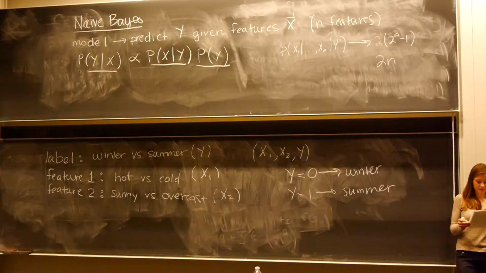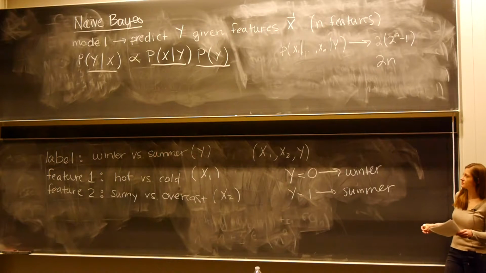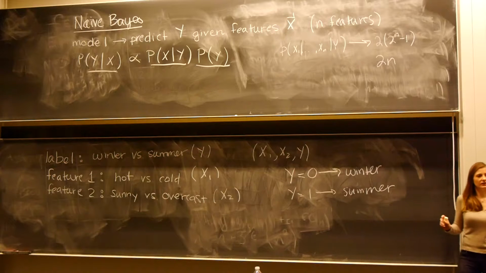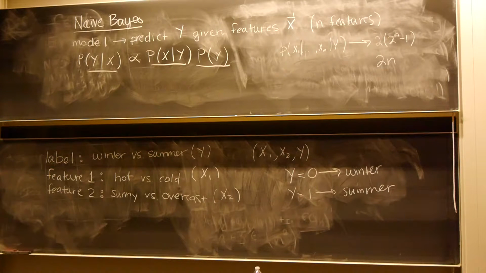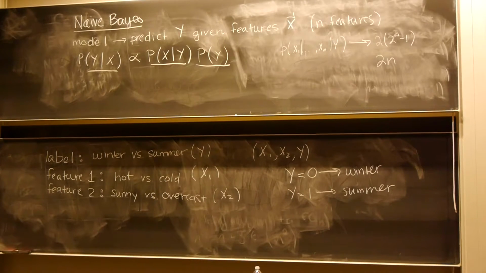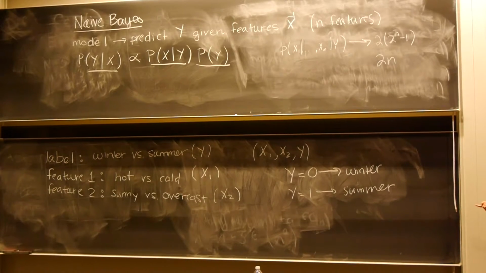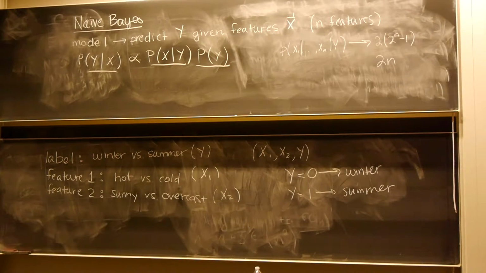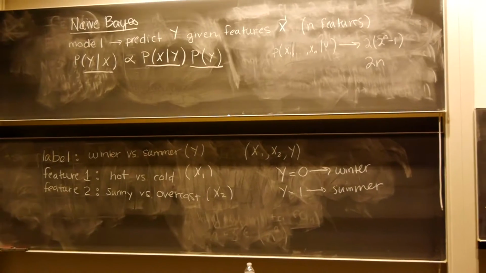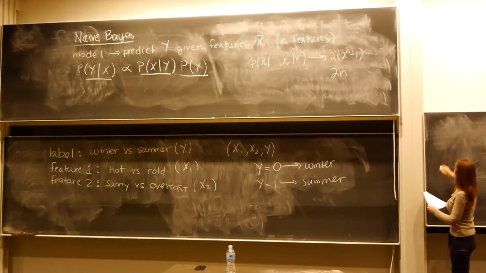Okay, so now let's talk more mathematically about naive Bayes. I said before that we wanted to be able to calculate the probability of y, our label, given x1 through xn, which is our set of features. So how do we do that?